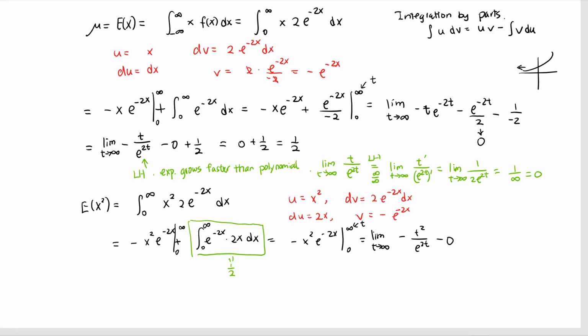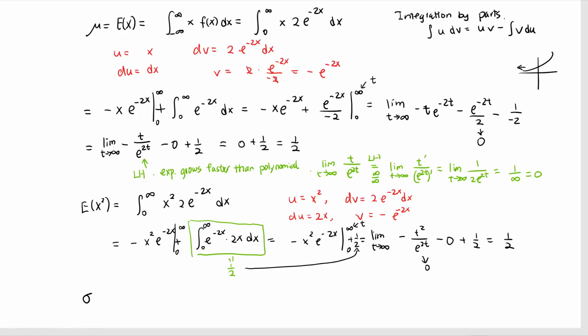So when t goes to infinity, the denominator goes to infinity faster, so this guy is 0. Oh, sorry, I forgot the 1/2. I still have the 1/2 here. So that's why plus 1/2 is 1/2. My second moment is also 1/2.